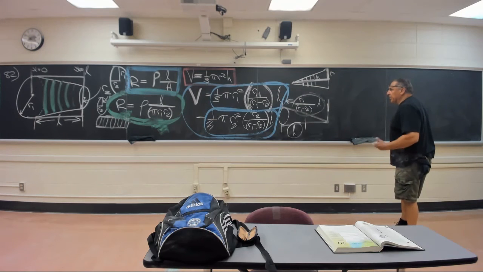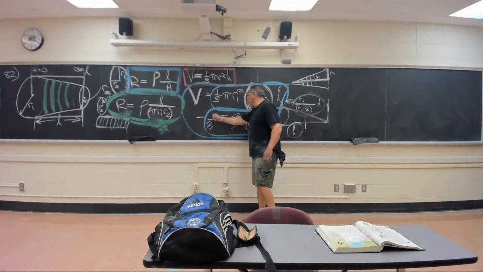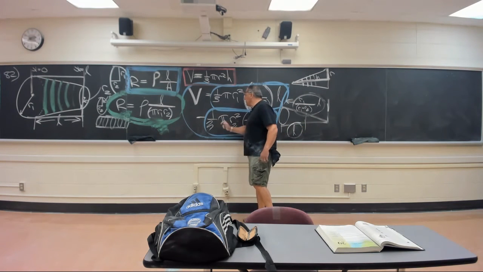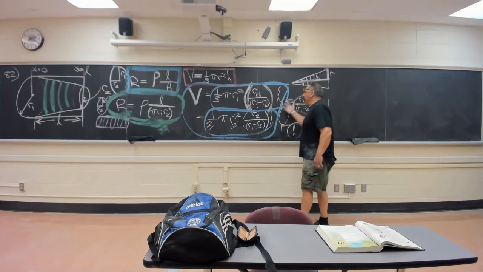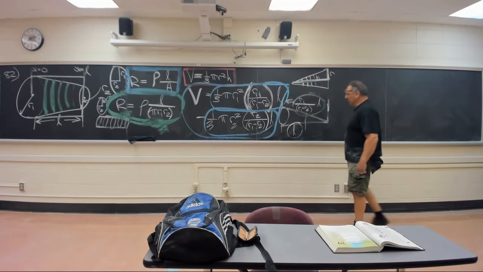There's a third in both places, a pi in both places, an L in both places, and an R1 minus R2 in both places.